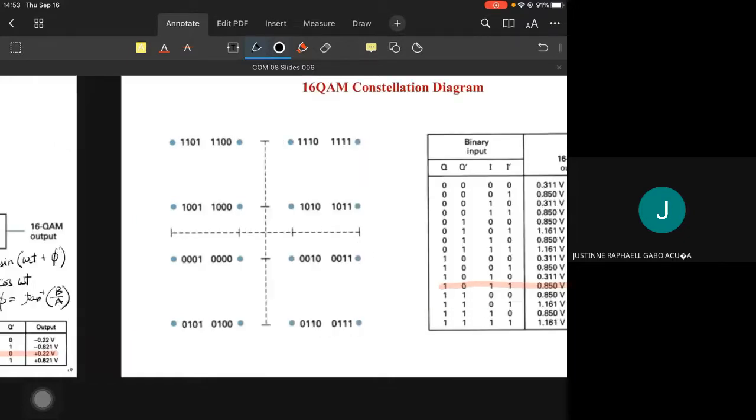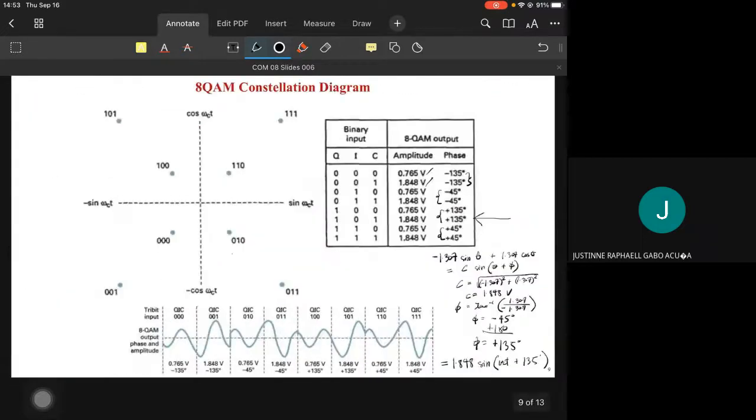So, 16 QAM, no? Let's go back to 8 QAM. Let's compare this one with 8 PSK.